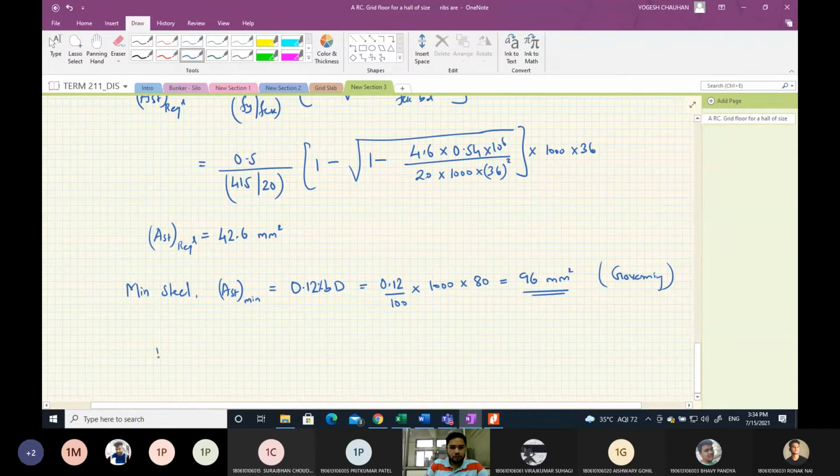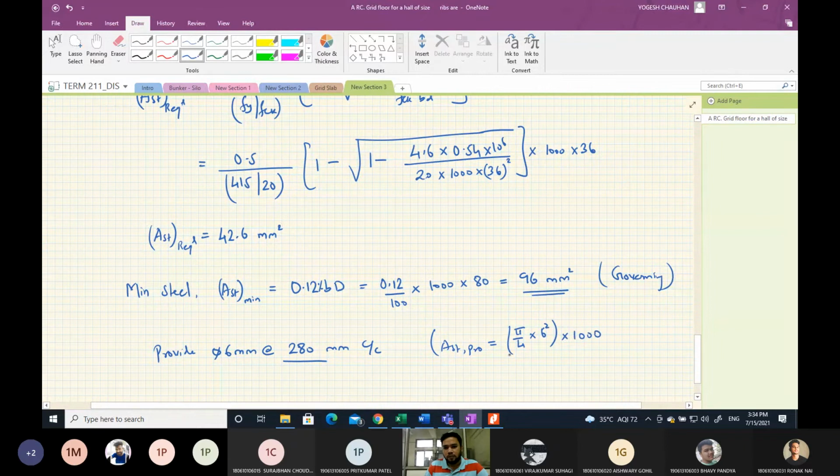So let us provide 6 mm bars at the rate of 280 mm center to center. So if you provide the spacing at 280 center to center, then the Ast provided will be equal to pi by 4 into 6 square multiplied by 1000, that is per meter width, and divided by spacing of 280, you will get the area of the steel provided.